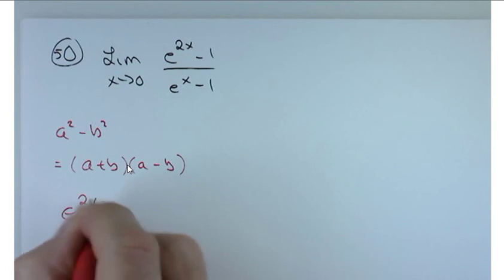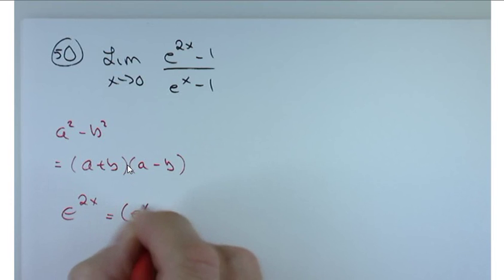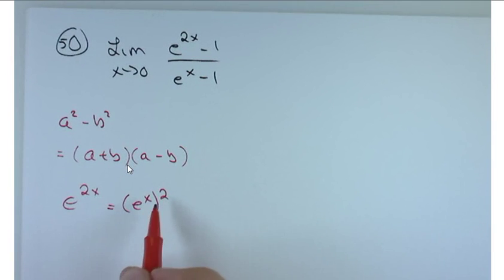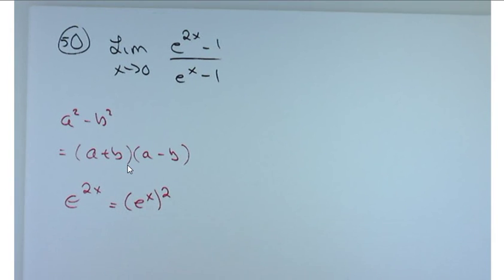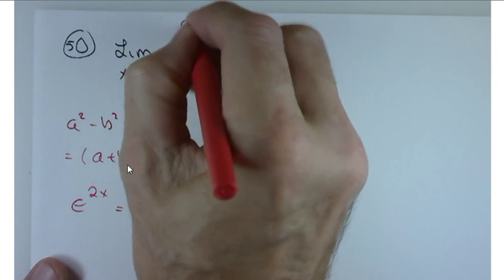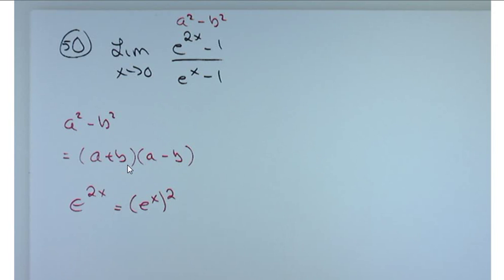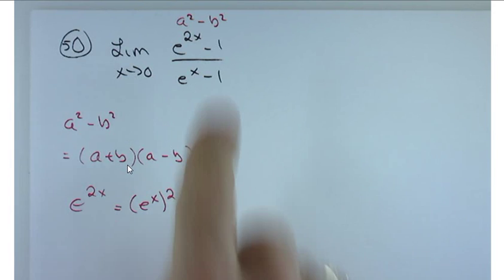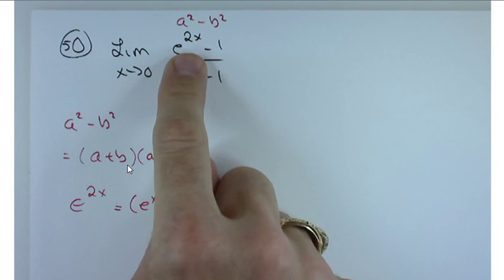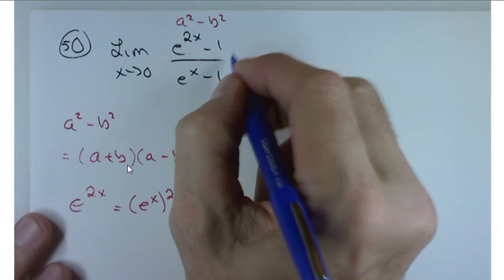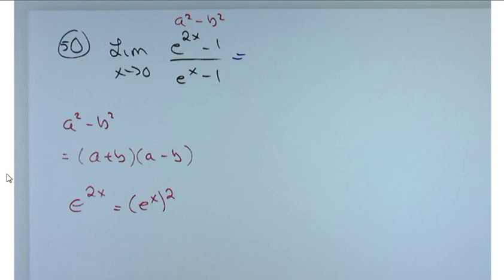E to the 2x is really e to the x squared, because when you remove the parentheses here, you end up multiplying the exponents. So this is my a squared minus b squared here. A in this case would be e to the x. What's b going to equal? 1.